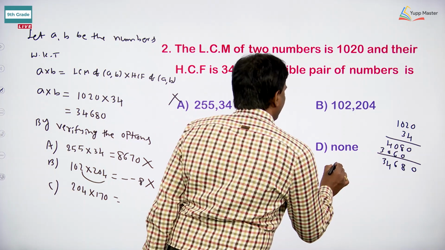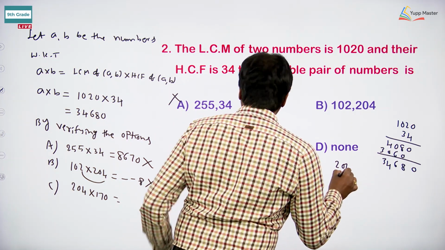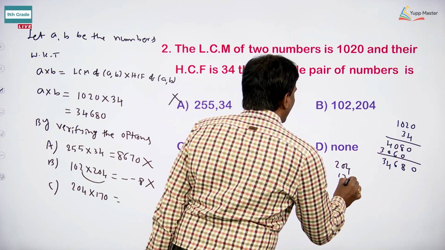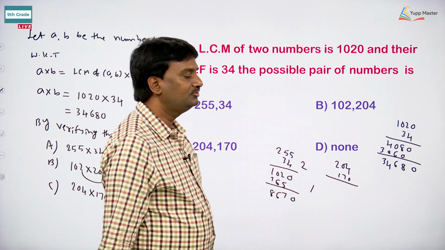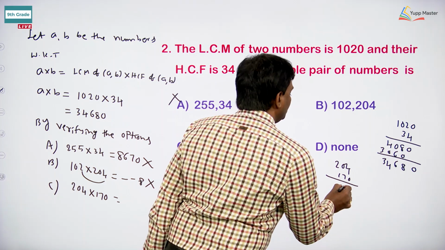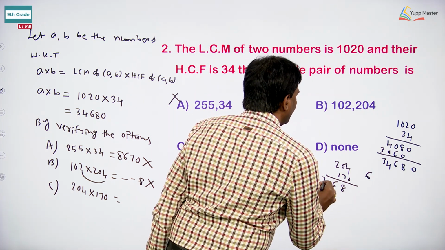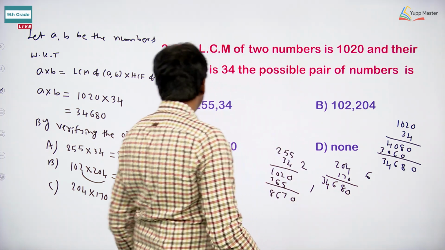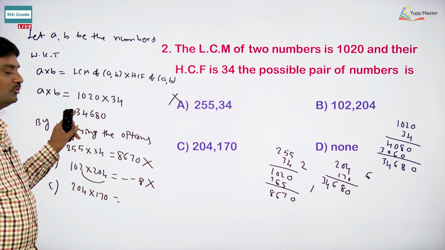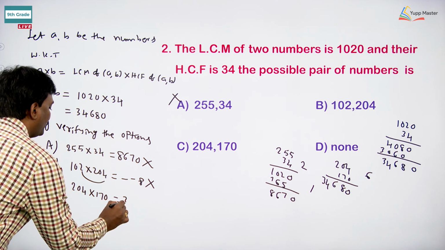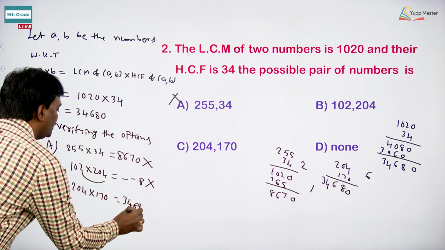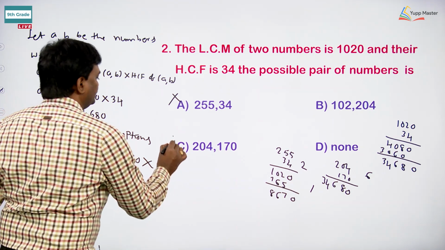Here, by multiplying 204 by 170, we have got 34,680. So that's why we can take option C as the correct option.